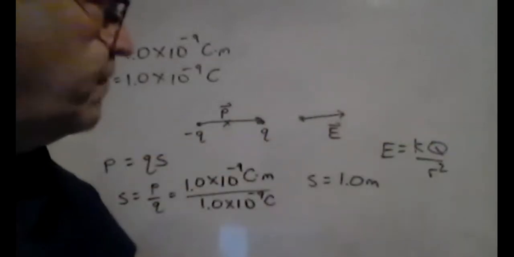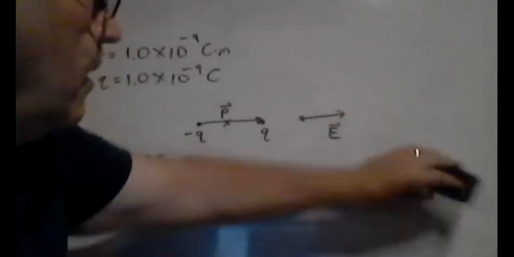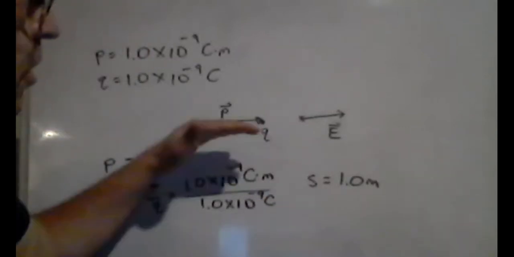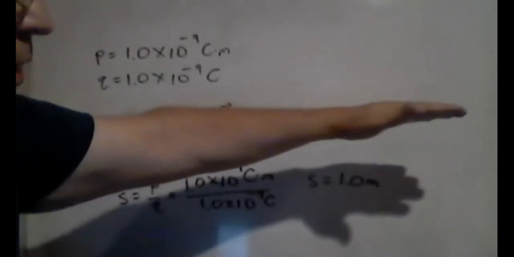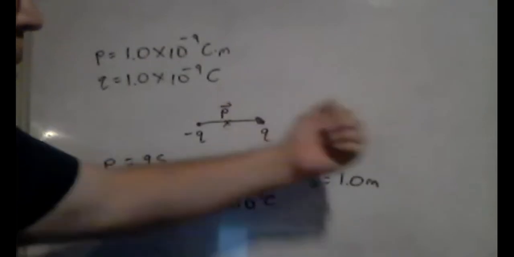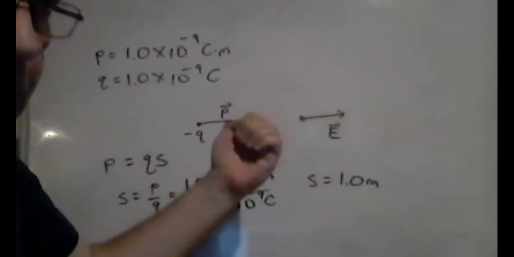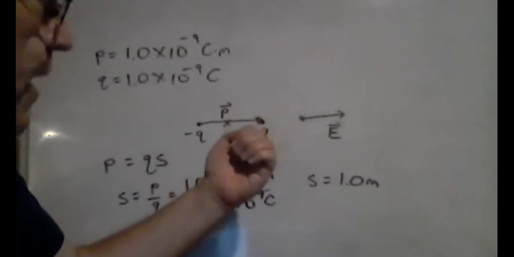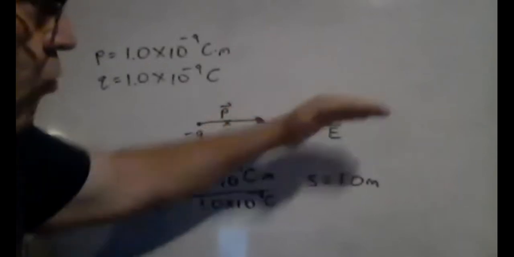Remember, electric fields add via superposition. You have the contribution from the positive Q and the contribution from the negative Q, but that subtraction is not as big, so overall there's a rightward electric field.